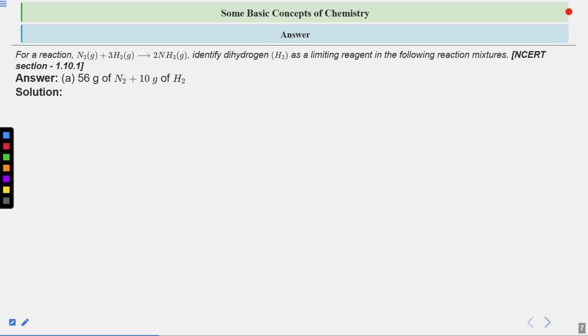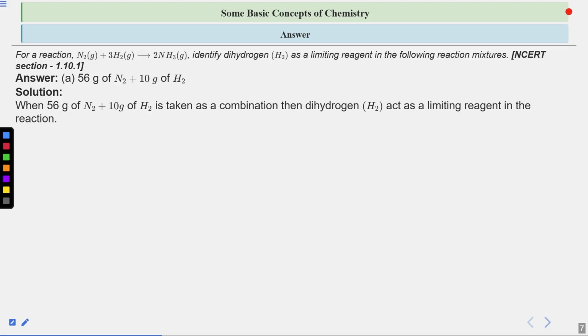How will we solve it? In the first option, we have 56 grams of N2 and 10 grams of H2. According to the equation, we know that 1 mole of N2 reacts with 3 moles of H2 to give us 2 moles of NH3.